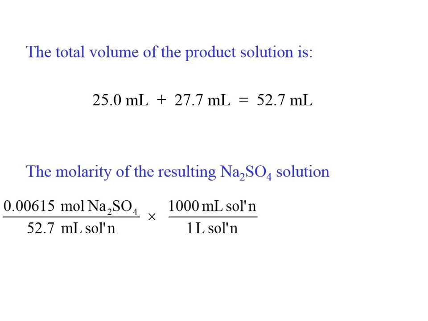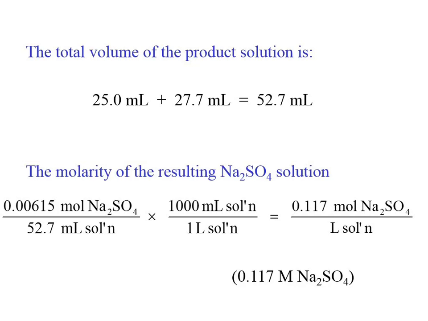So the second term is 1,000 milliliters over 1 liter. And 3 sig figs, I get a number of 0.117. So what that means is 0.117 moles of Na2SO4 per liter of solution, or simply 0.117 big M Na2SO4.